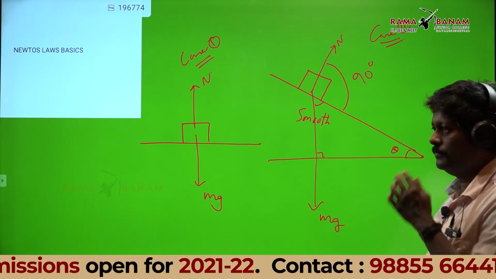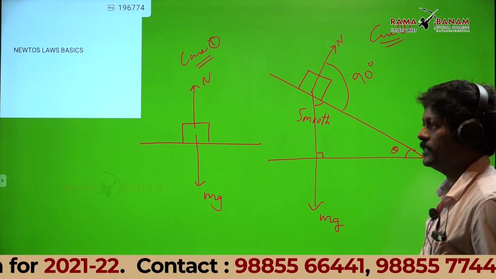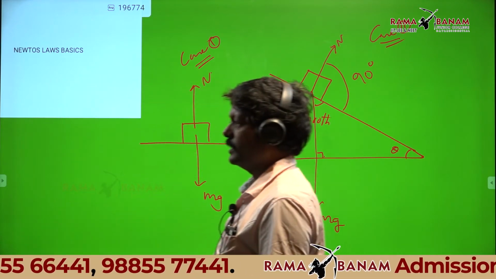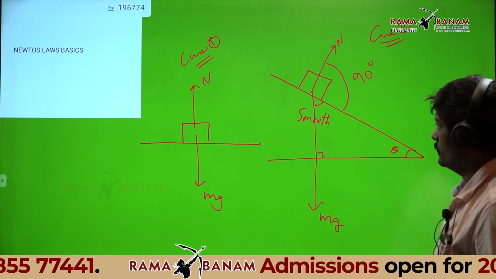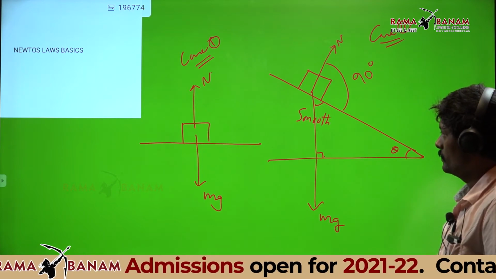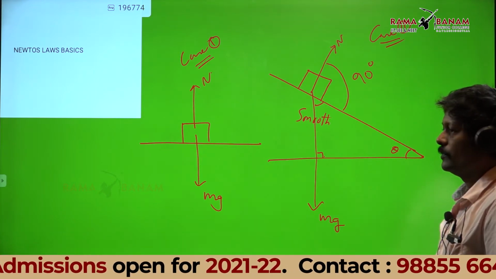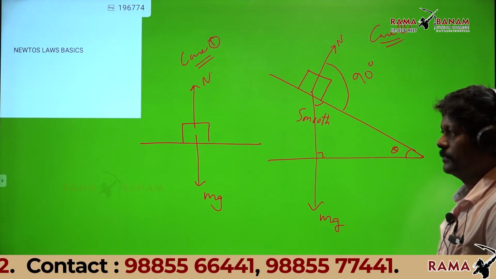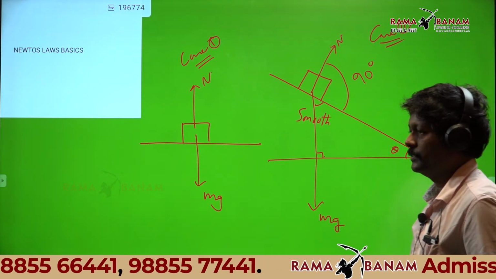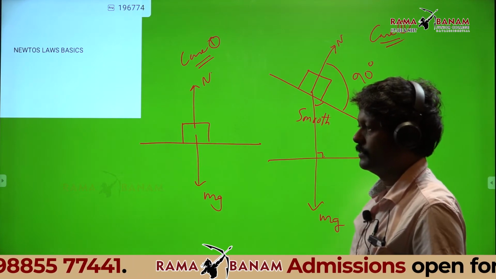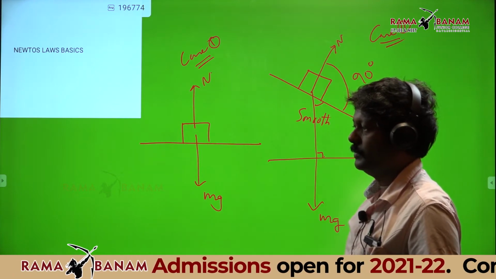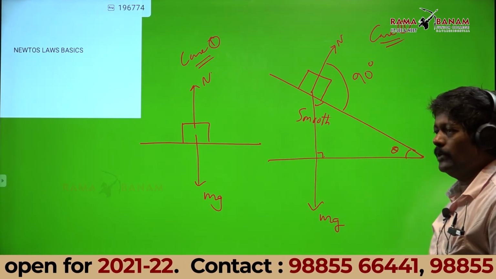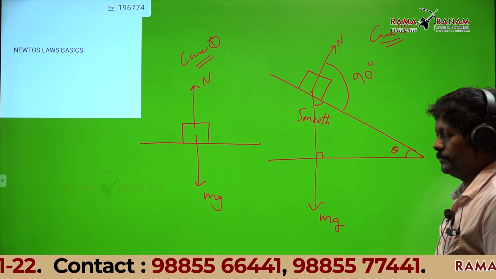So, write down the point. Normal reaction is always perpendicular to surface. Whereas mg may or may not be perpendicular to surface.